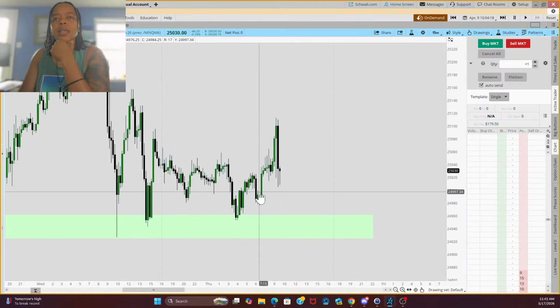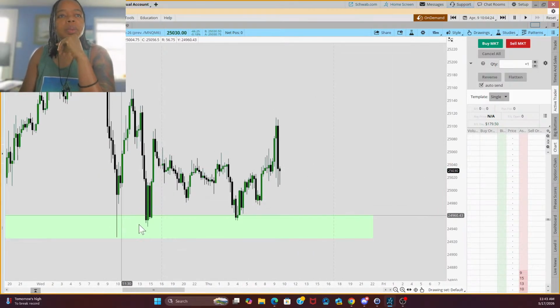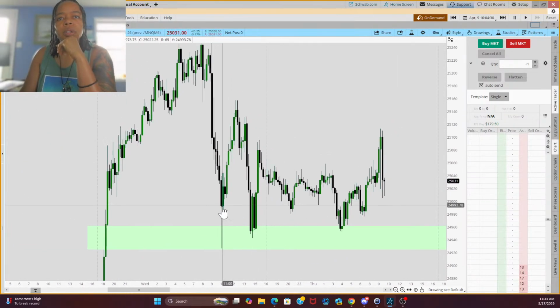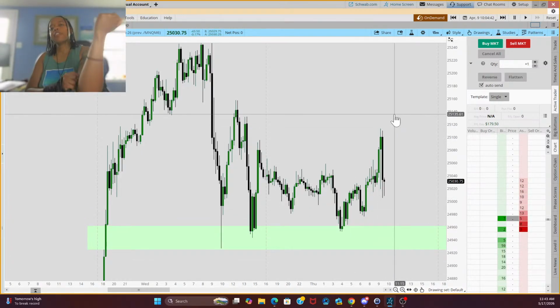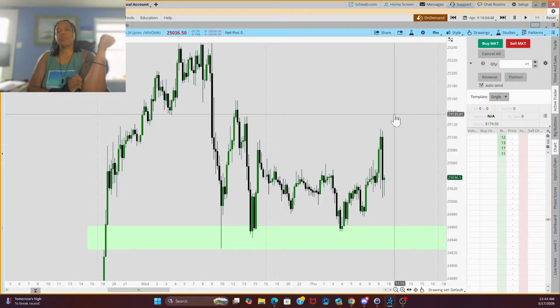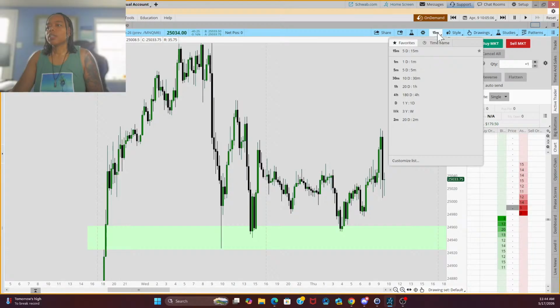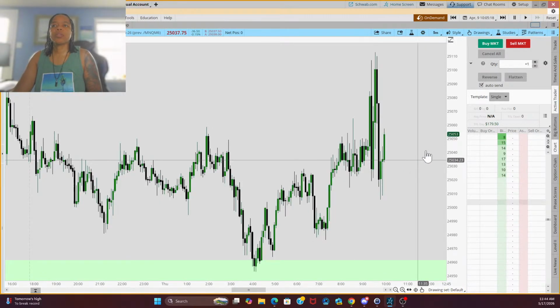What I want to see, so we've tapped this once, twice, 3 times, and we've kind of failed to go much higher. So we'll see how we work here. Let's go to the 5 minute.